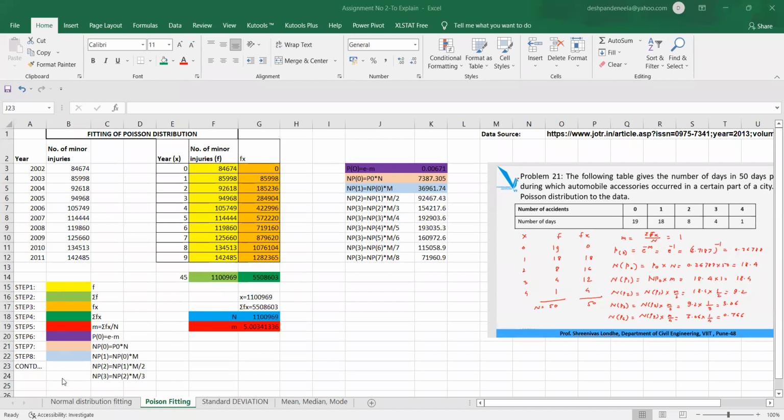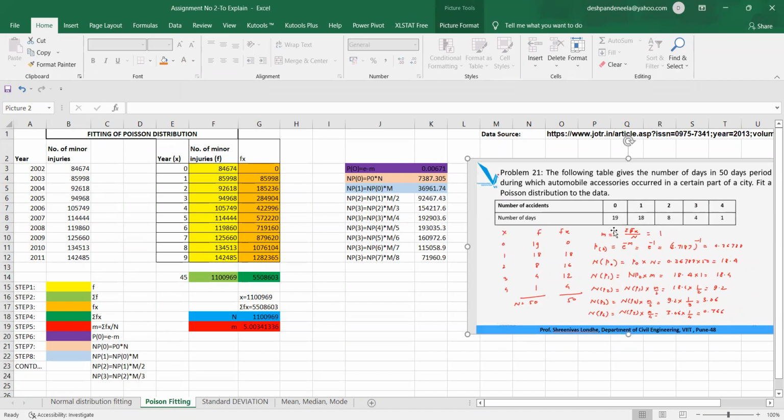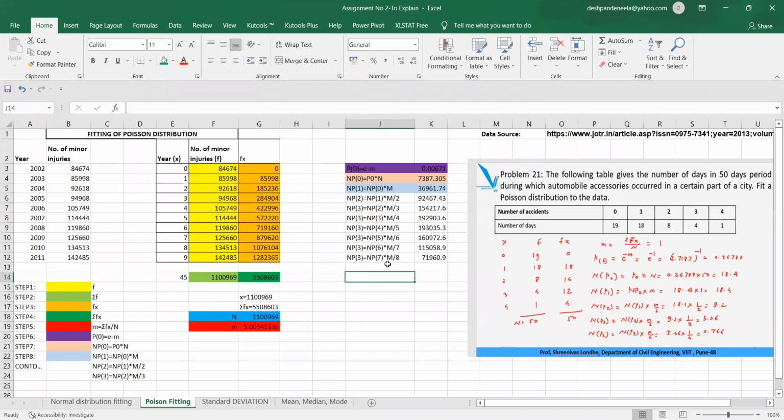These steps are already given over here. This is an extract of a particular slide where it has been explained through a problem how to fit a Poisson distribution. I've kept it here for my reference as well, and of course for your reference as well. So let us see now.